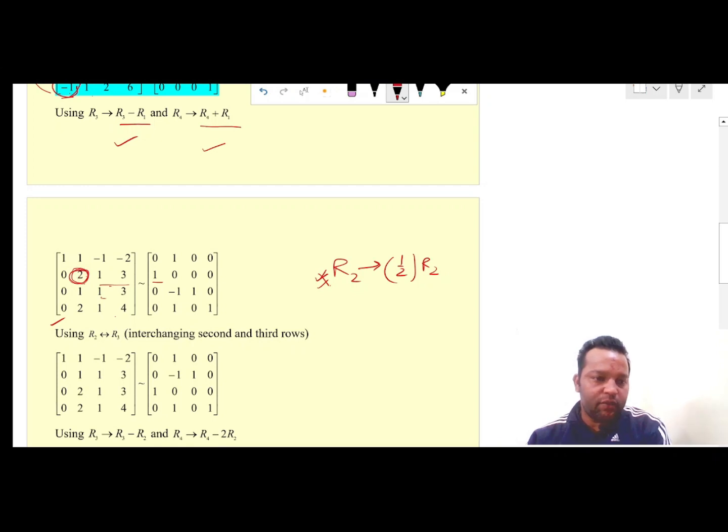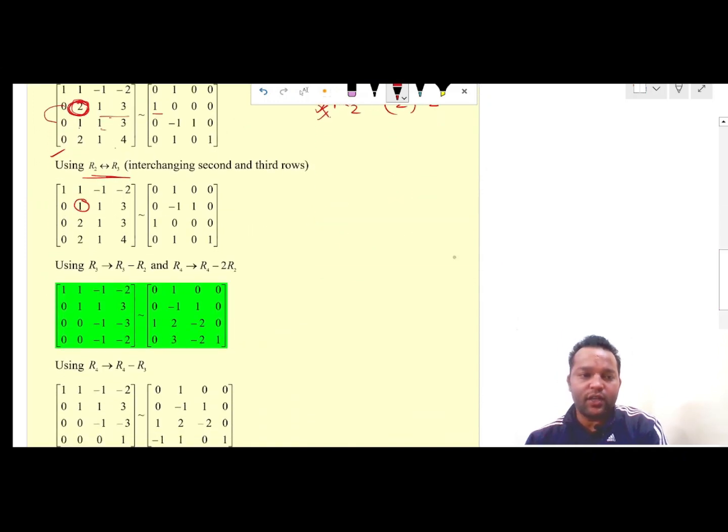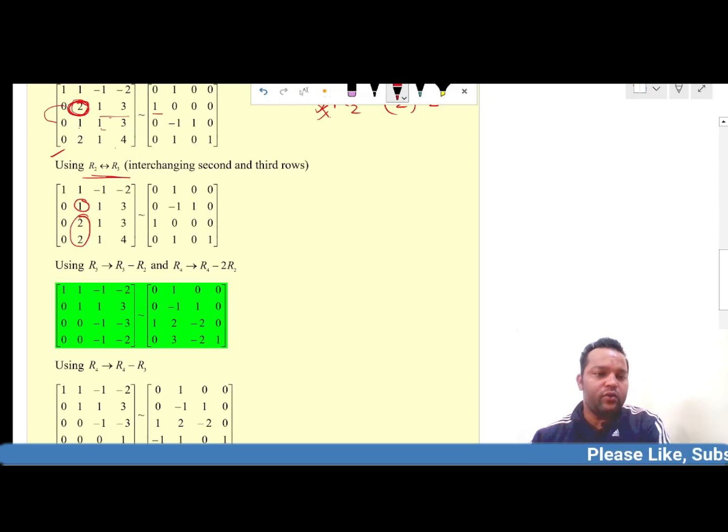Now our objective is to make this place the entry 1. This can be achieved by simply interchanging the second row and the third row. If we perform this elementary operation, then this place becomes 1, and with the help of this 1, our objective is now to reduce these two entries into 0.